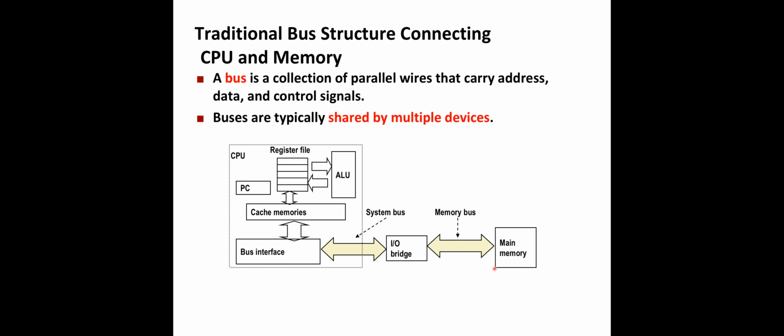Okay, so now the next thing we want to think about is something called the bus. So a bus is a collection of wires that carry the data. Back when we were looking at the assembly language and the move command, we saw how data gets moved from an address in main memory and is moved over into some register.